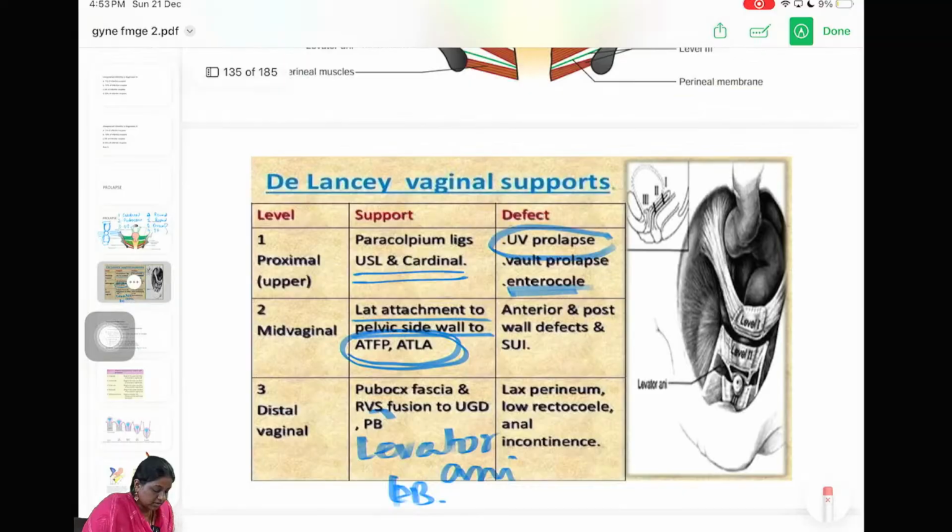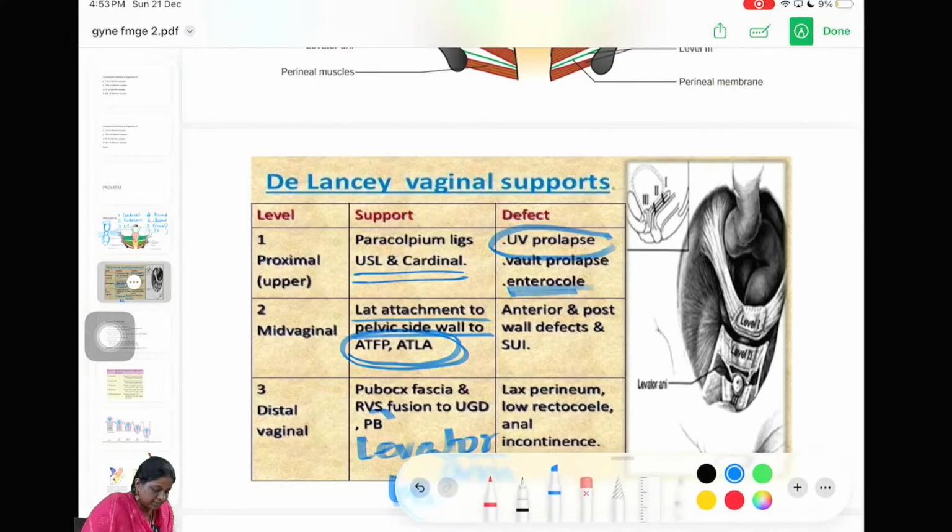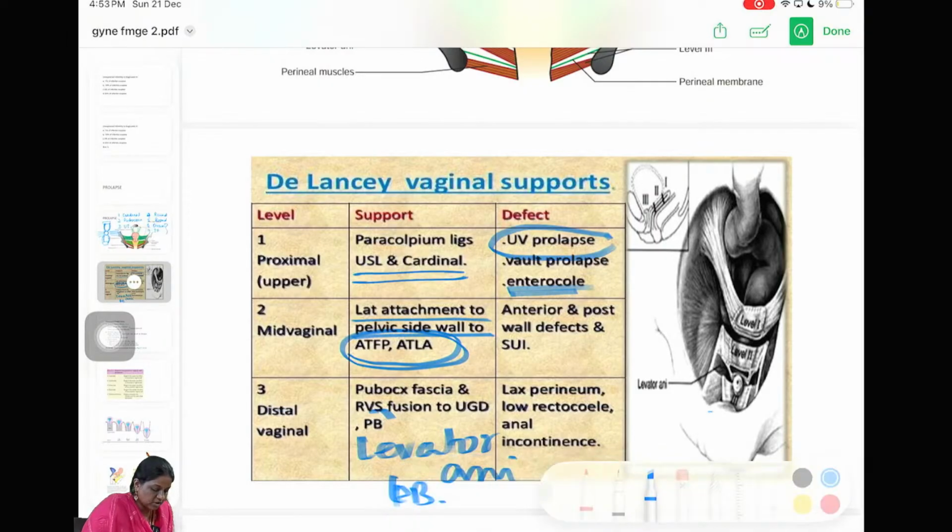In level 2, if the middle support, the fascial support, is gone, it will create anterior and posterior wall defects, and it will also give rise to stress urinary incontinence. If level 3 is gone, it will result in lax perineum. Level 1 gives UV prolapse and enterocele or vault prolapse.